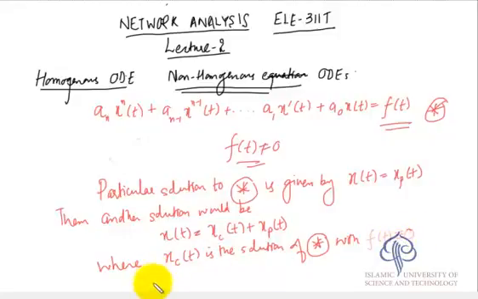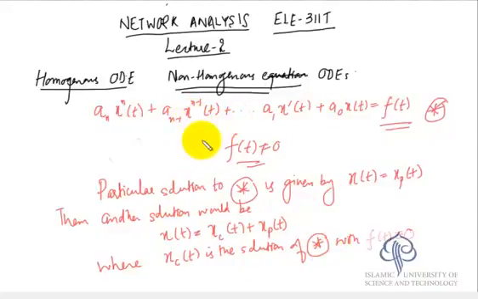In other words, if this non-homogeneous equation has a particular solution given by x_p(t), then the general solution is going to be x_c(t) plus x_p(t), where x_c(t) is the solution of the homogeneous counterpart of this non-homogeneous equation.